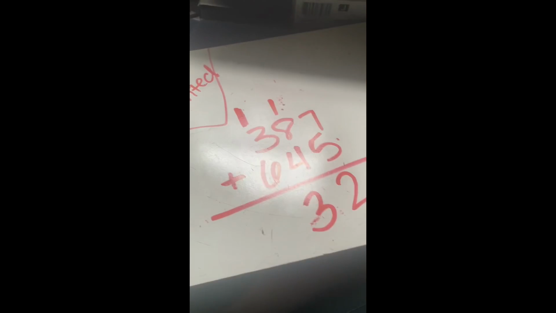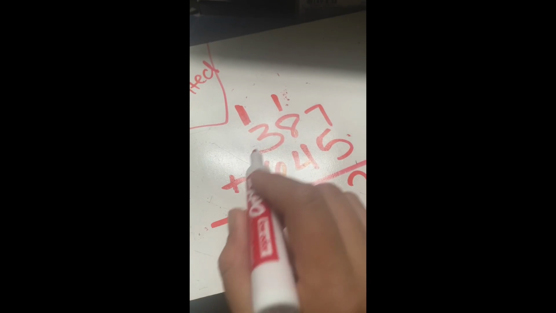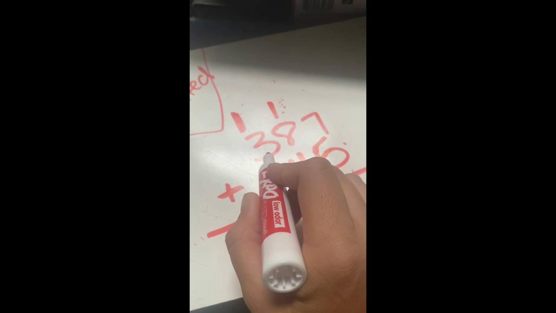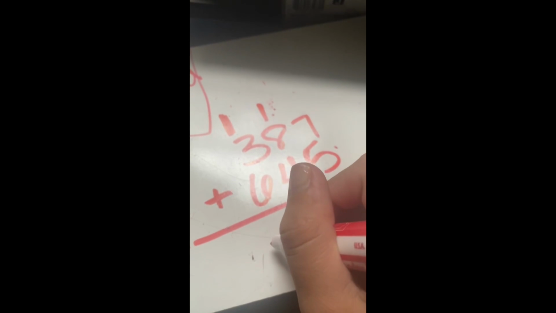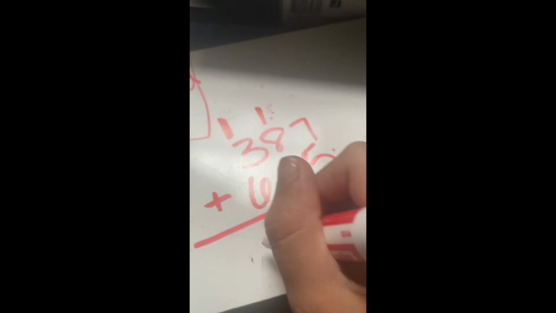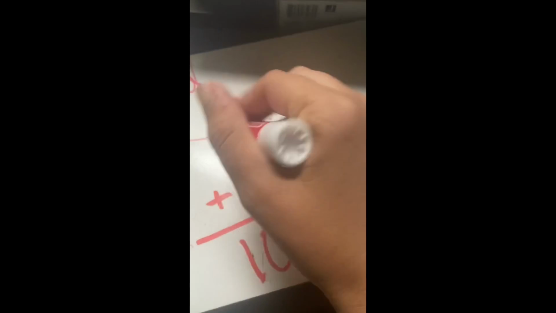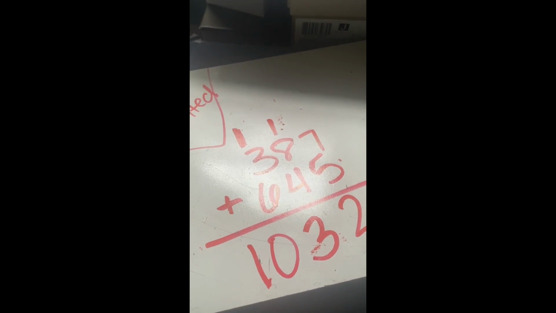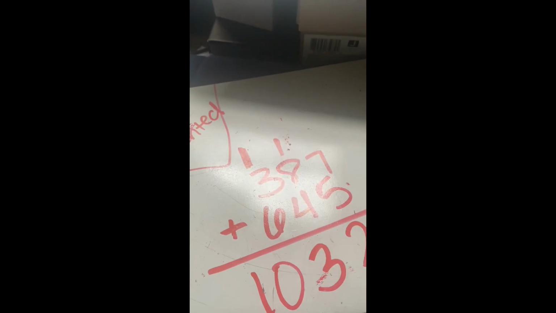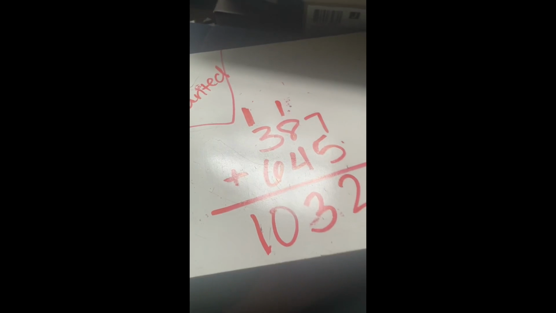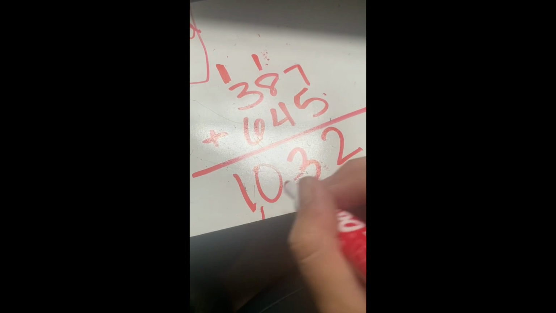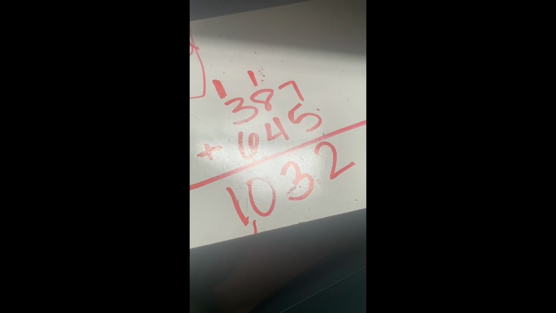So that 100 goes up. 1 plus 3 is 4. 4 plus 6 is 10. But I was thinking of that. I was going to say 1,000. Because 100 plus 300 is 400. 400 plus 600 is 1,000.